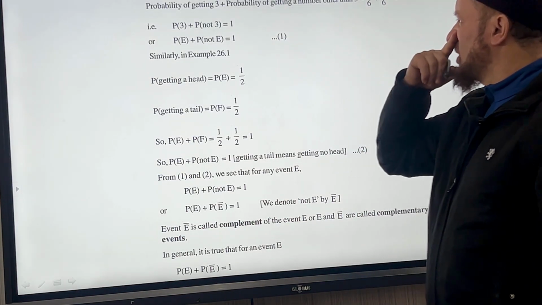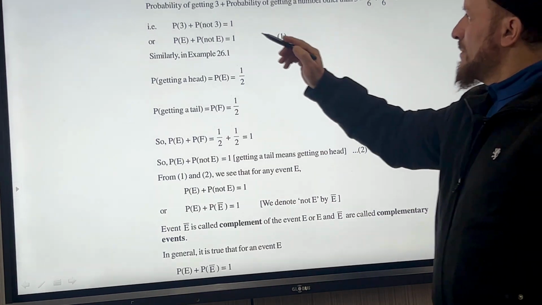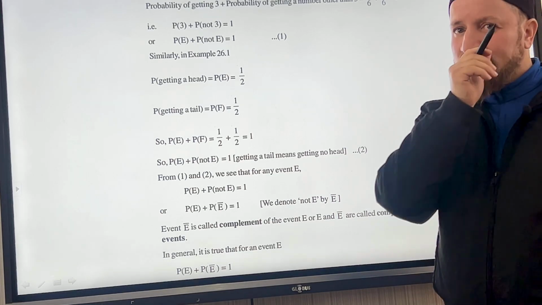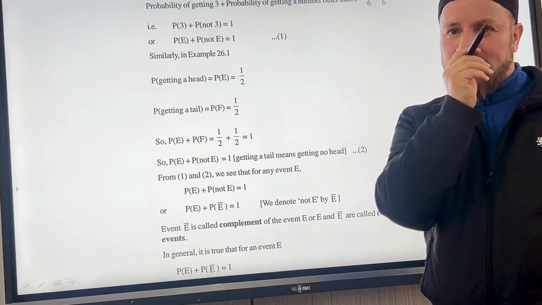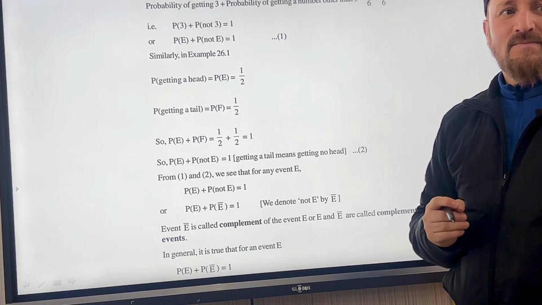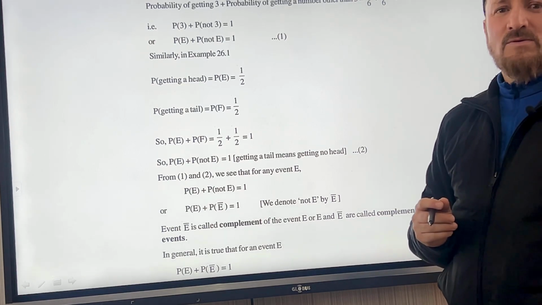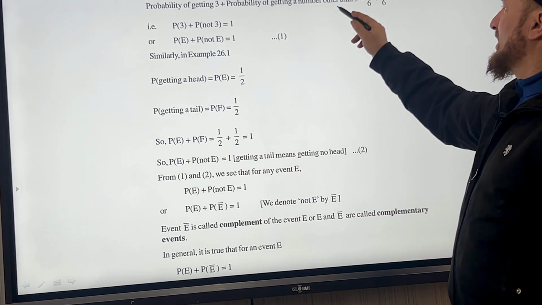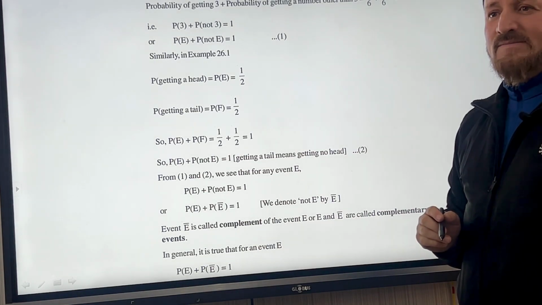Now we had example 26.2 and 26.3. Probability of getting 3 plus probability of getting number other than 3.